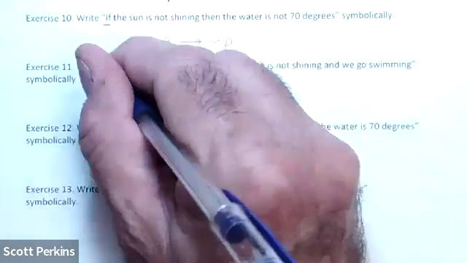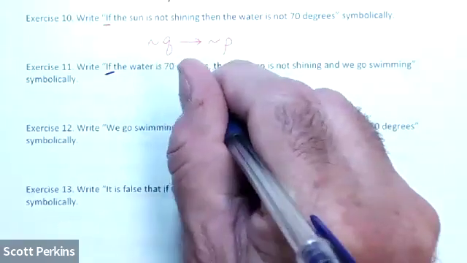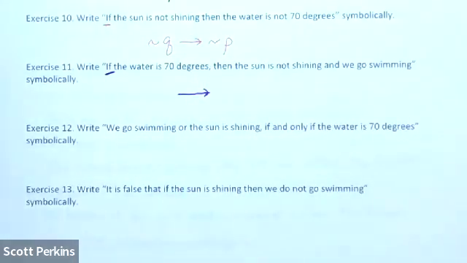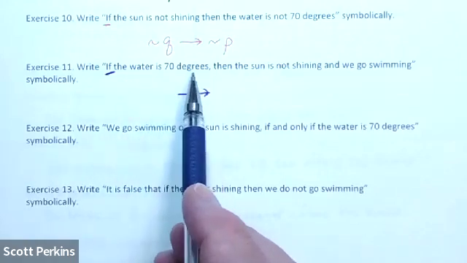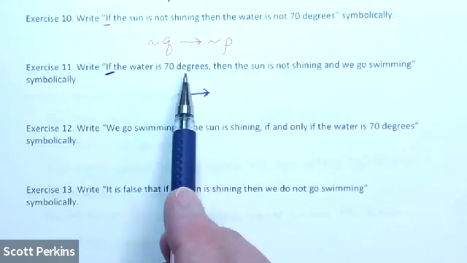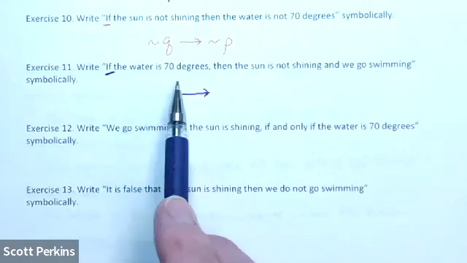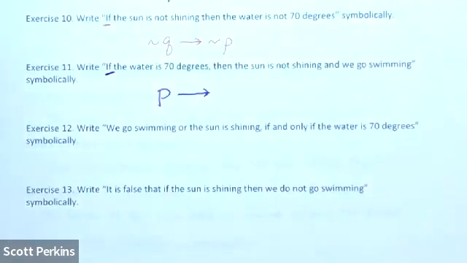Again, it starts with the word "if," so since it starts with the word "if," it's a conditional statement. I'm going to put my arrow right there. So we've got "if the water is 70 degrees," and then a comma. How many statements are on that side of the comma? Just one, so there's just one thing for the conditional. The water is 70 degrees. That is P, all by itself on the left.